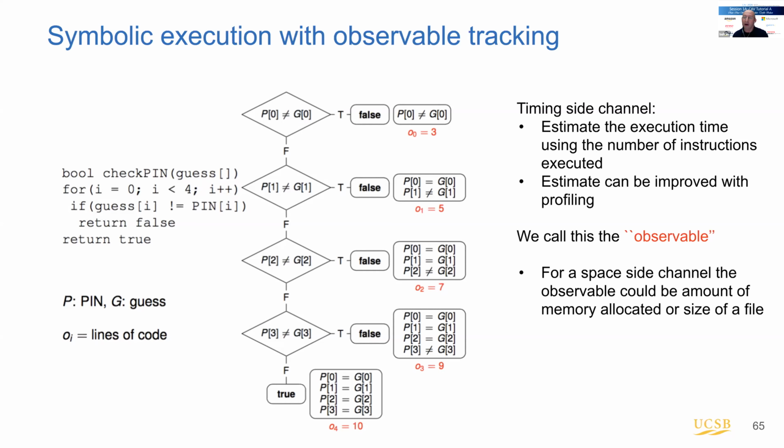For the timing side channel, it keeps track of the number of instructions executed during symbolic execution. So in this extended symbolic execution with time tracking, in addition to getting a path constraint, I also get an output observable value, which is the number of instructions executed for that execution path. I'm denoting that with O here. In this case, it's 3. In this case, it's 5, 7, 9, 10 instructions apparently.